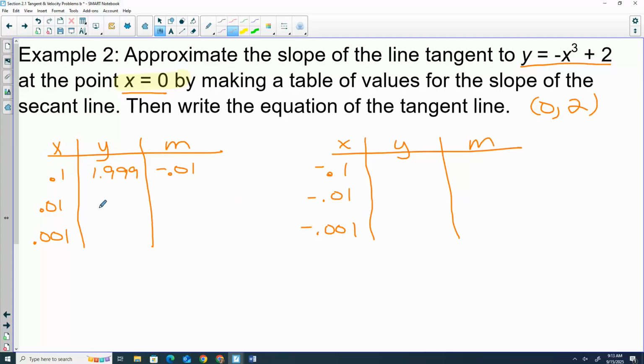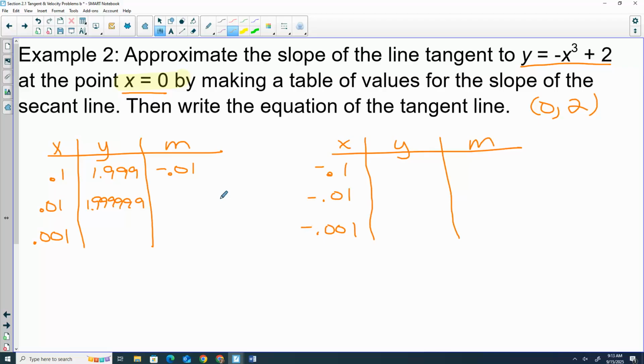Let's do one more together and then I might have you guys fill in some. So if I do 0.01, so I would have negative 0.01 to the third plus 2, I get 1.99999.